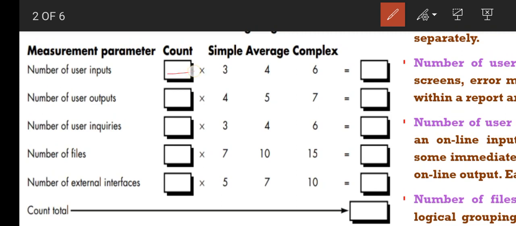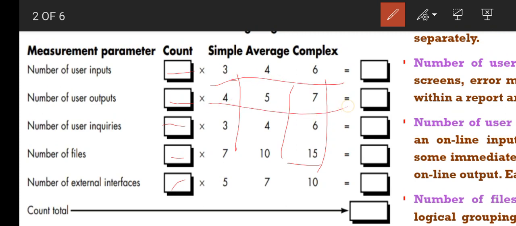We will be entering the count values here individually, and we will be calculating with the weighting factors. The minimum value of the weighting factor is 3 and the maximum value is 15. These values we can simply consider depending upon the type of project we are choosing. These are different assessments we'll be looking over, but we need to see that the minimum value is 3 and the maximum value is 15, while considering the simple, average and complex values for the weighting factors.